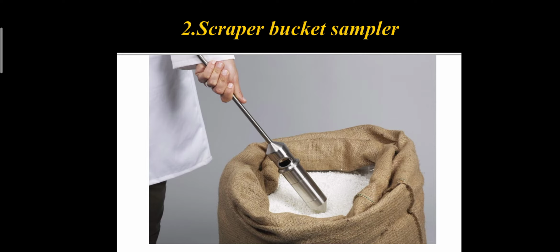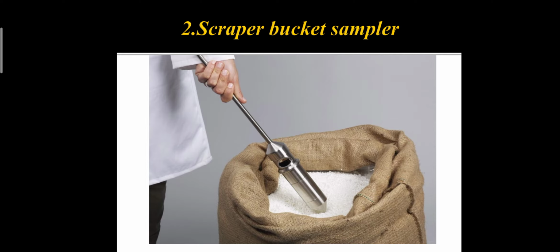As I said earlier, when you want to collect soil from the deep ocean beds, it is very impossible to collect only the soil samples because soil is sandy, and water is also so much there. So to collect only the soil away from the water, we have to use this kind of soil sampler. Also, if the soil contains more pebbles or small stones or rocks, we need only the soil. அப்படிங்கிறப்போ we go for scraper bucket sampler.